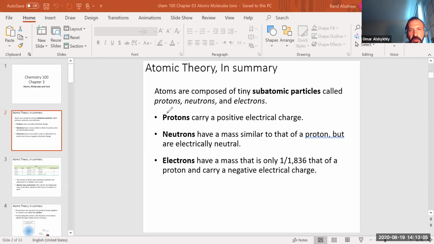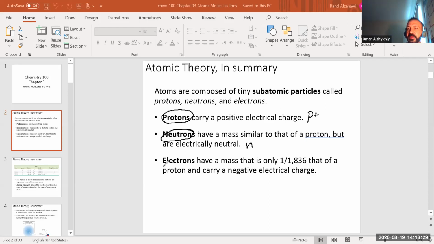The proton, which has a positive electrical charge, has the symbol p with a positive charge. The neutron, small n, is neutral, but it has a mass similar to the proton. So the proton and the neutron have approximately the same mass.